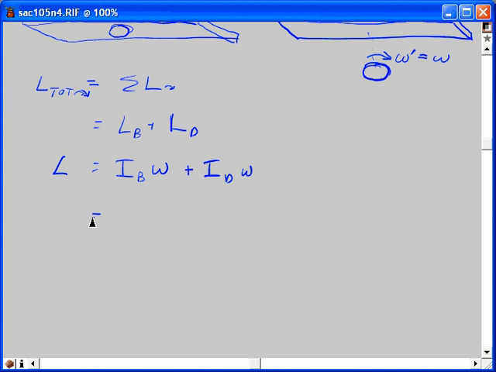It's the same in both cases. Okay, I'll factor out the omega, since that's what I'm solving for. Then I'll divide both sides by this sum of moments of inertia and switch sides at the same time. I'm supposed to get what I'm solving for on the left, and that works out.